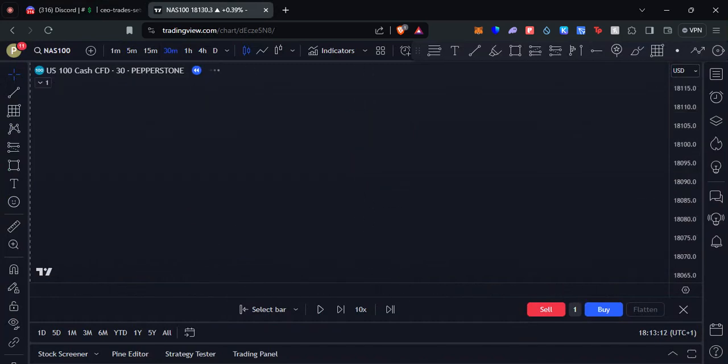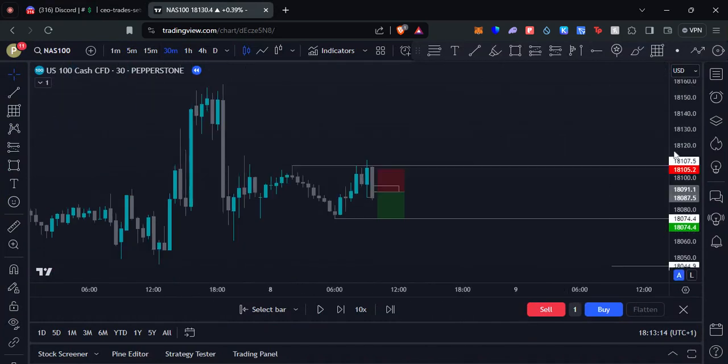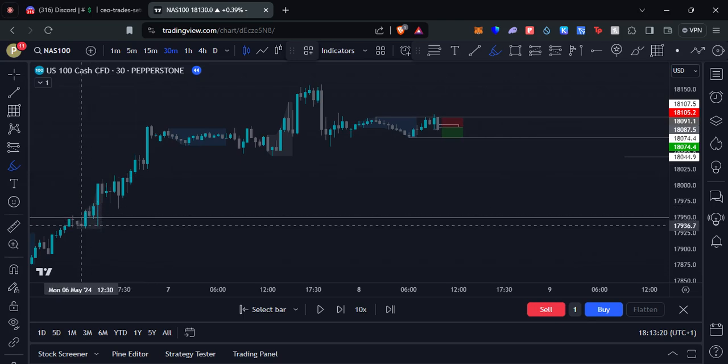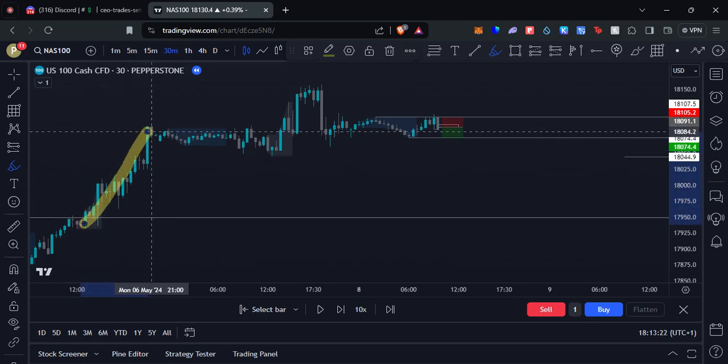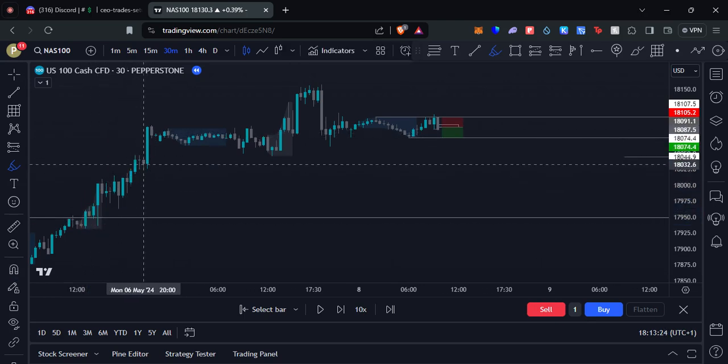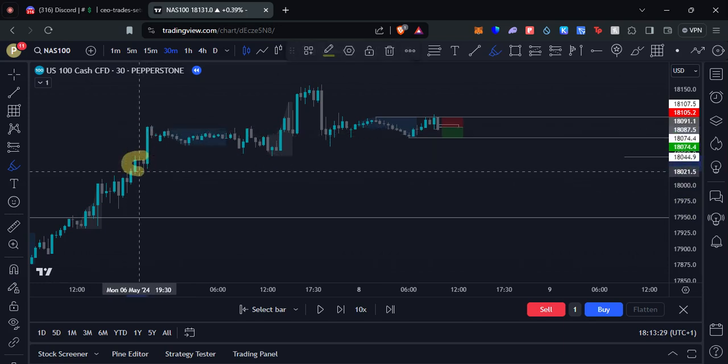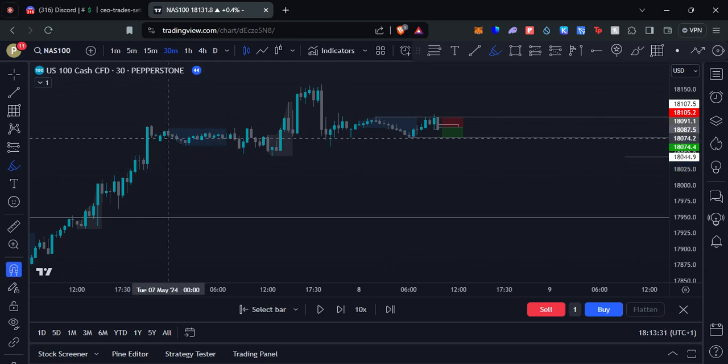Now, in order to identify where price can potentially go to, we have to identify our take profit areas. If we take a look at what structure is doing right here, we can see that we have this huge impulsive move to the upside. Just before we get this massive impulsive leg up, we can see that price stagnated in this area for quite a while.